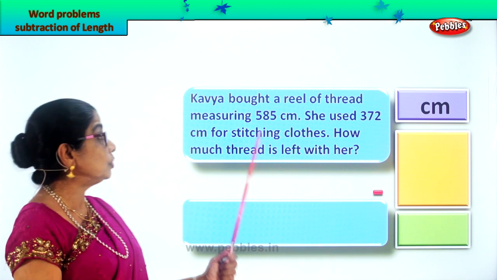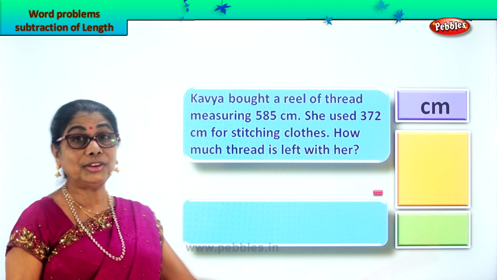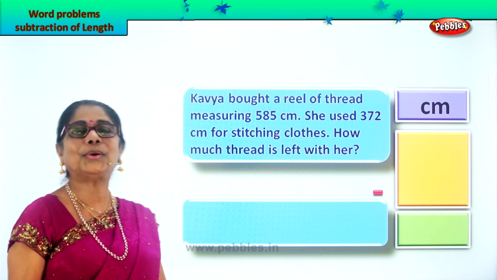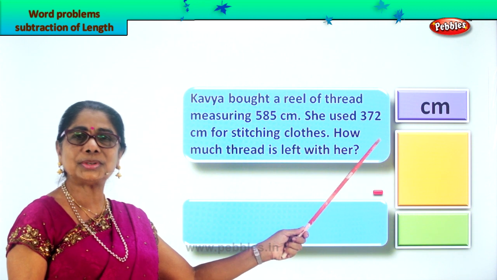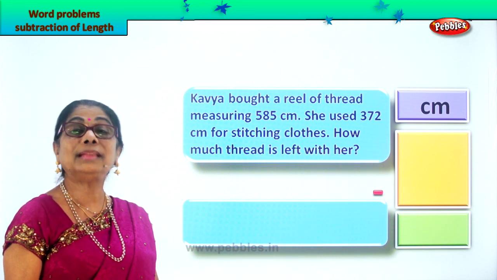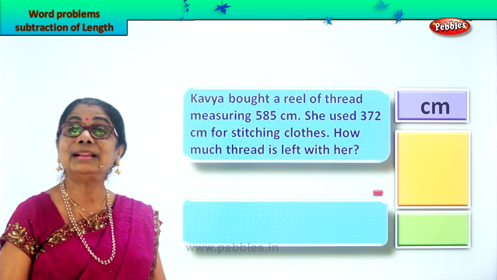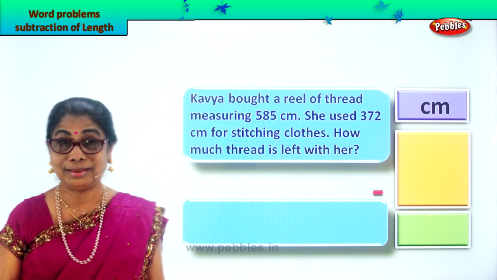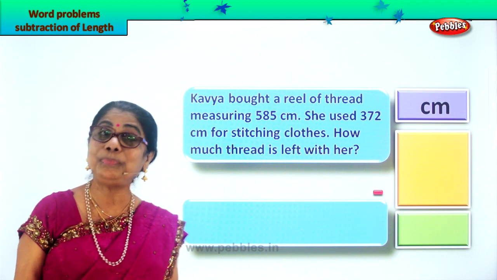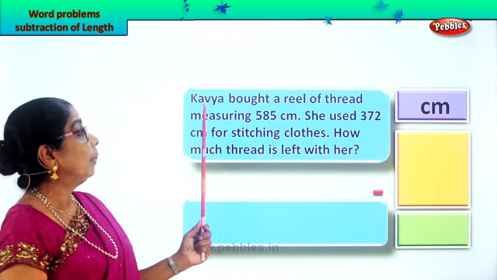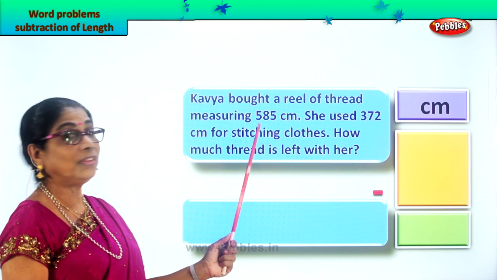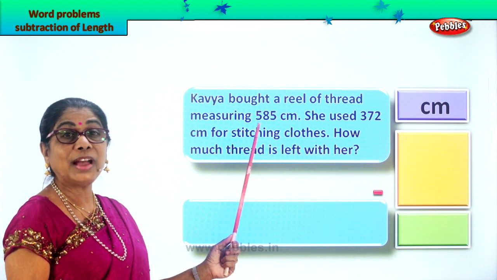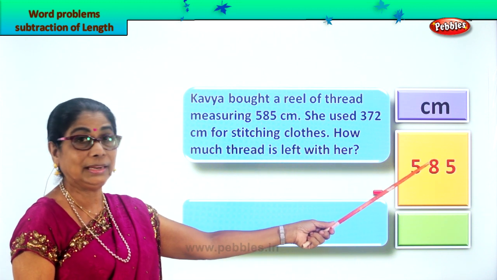After having used 372, what is left with her? So from the reel of thread, you minus what she used, and that will give you the length of the thread left with her. So it's a subtraction problem. Let's begin. The length of the reel of thread is 585 centimeters.